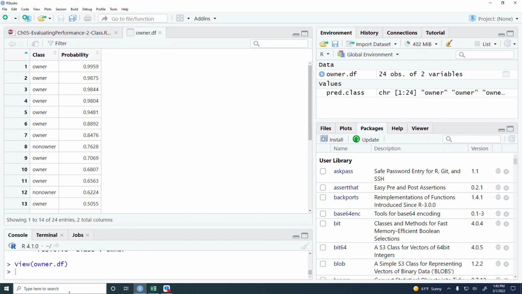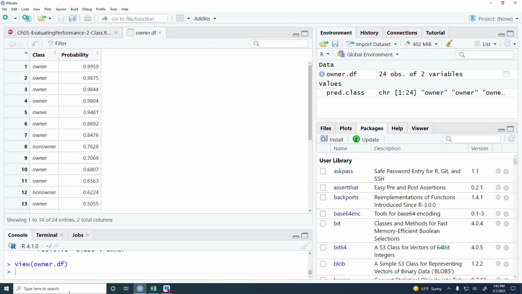For now, just for the sake of understanding the confusion matrix and the accuracy measures, we are just assuming that those are probabilities. You'll have probabilities for the train set and validation set, and we will usually be focusing on the validation set. So let's just assume that this is a validation set.